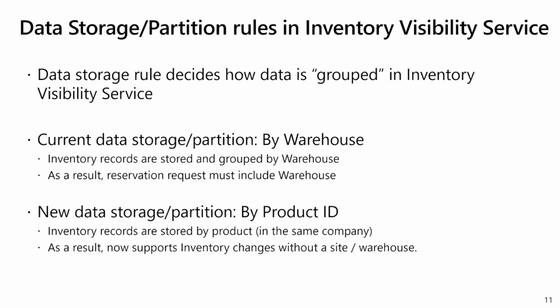If you use the newly added way to store the data grouped by product IDs, as site and warehouses are no longer the primary keys where you need to find where your data is located, it is no longer required for inventory change operations.